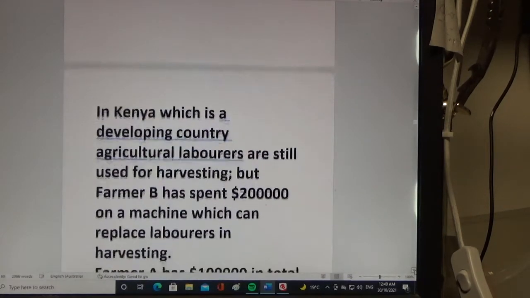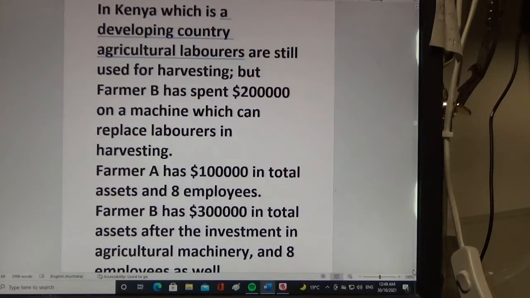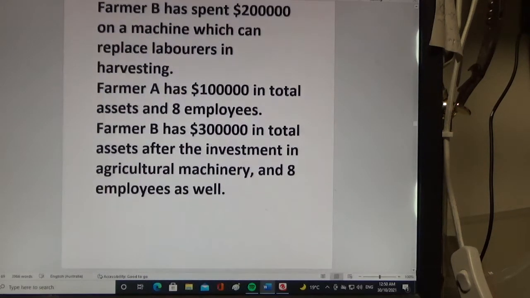In Kenya, which is a developing country, agricultural labourers are still used for harvesting. But Farmer B has spent $200,000 on a machine which can replace labourers in harvesting. For example, sugarcane. Farmer A has $100,000 in total assets and 8 employees.